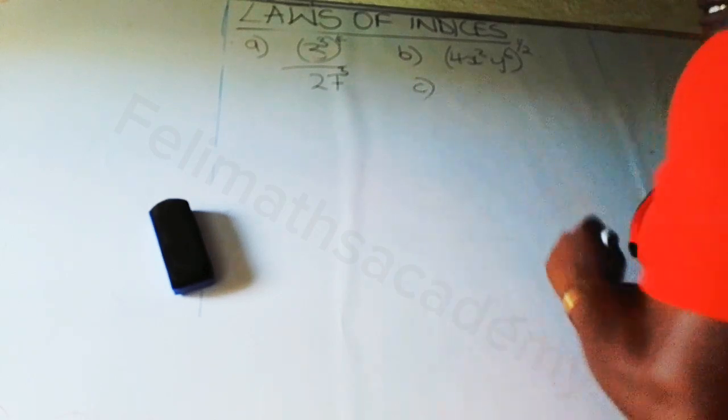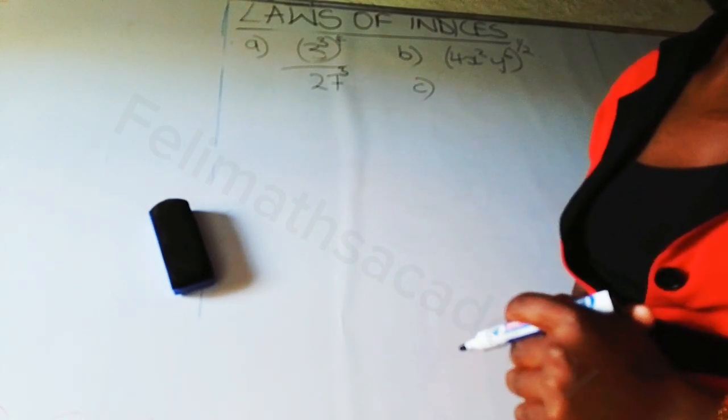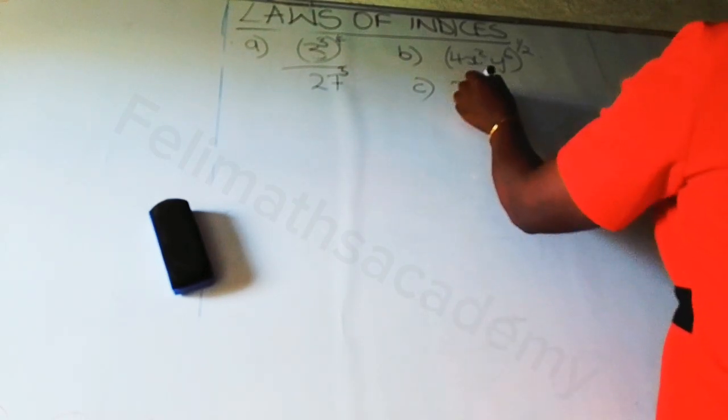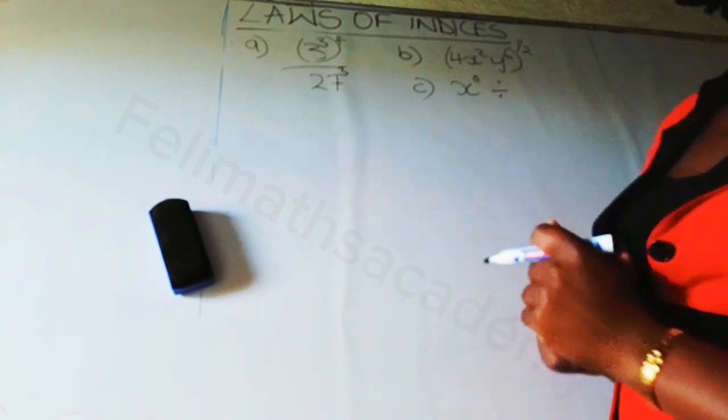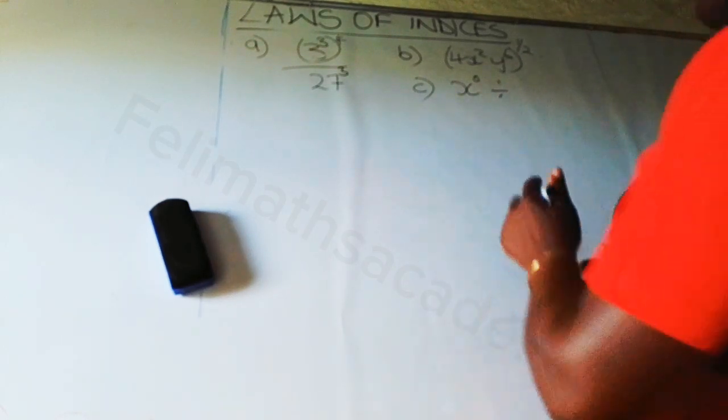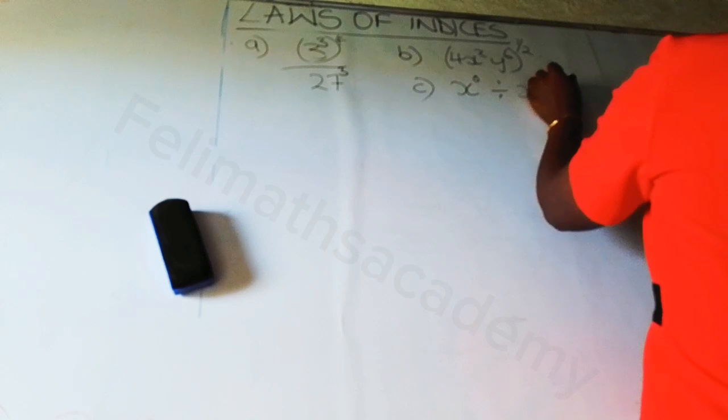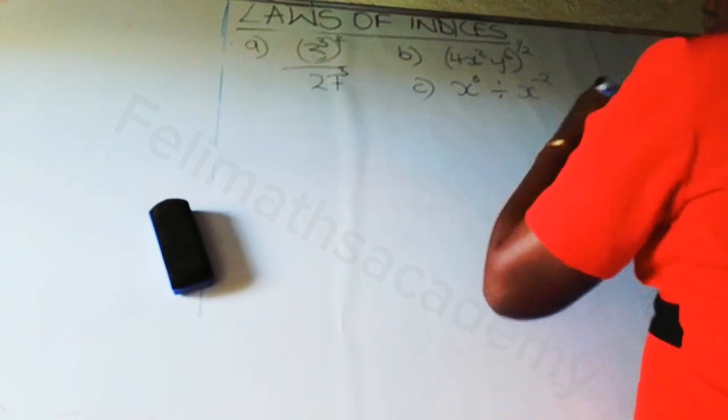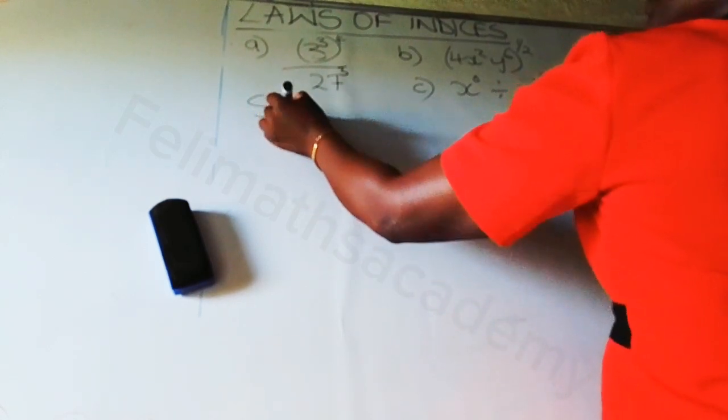Then C, x to the power 0 divided by x to the power negative 2. These are 1 mark, 1 mark, 1 mark. Right? So our solution.